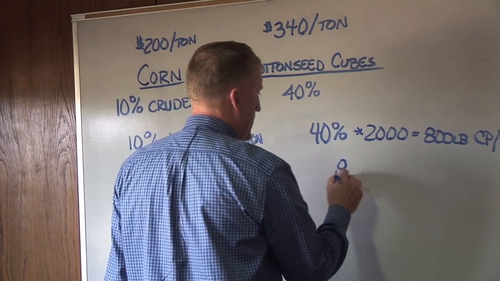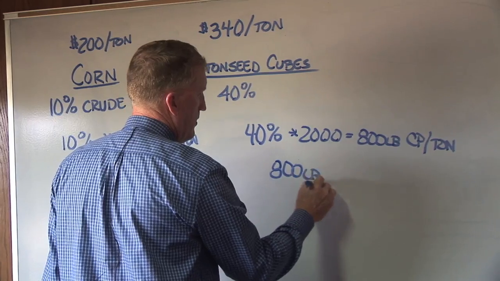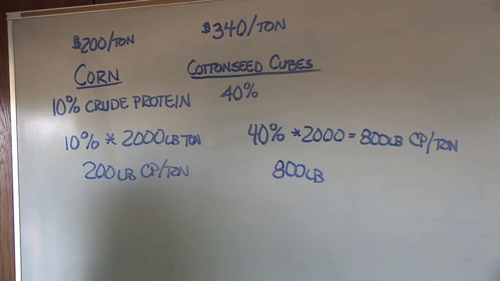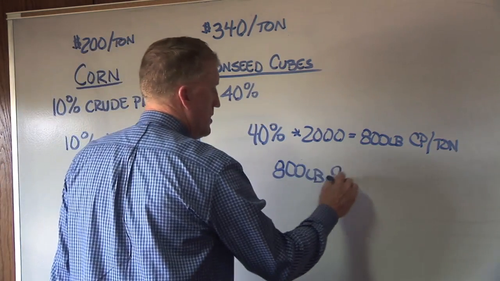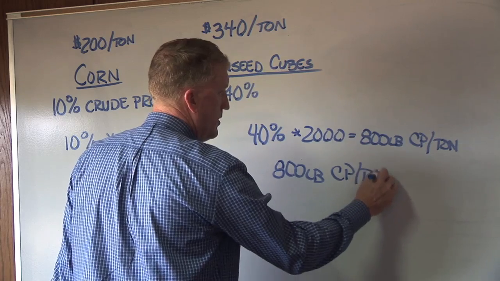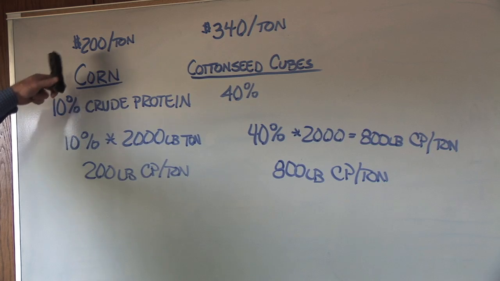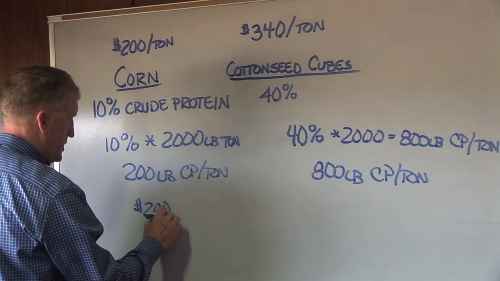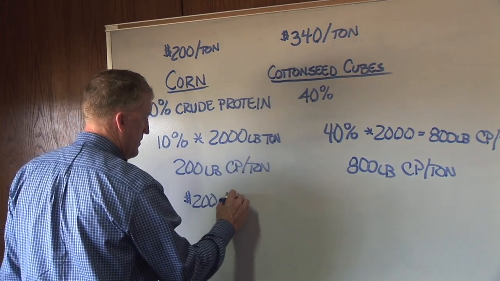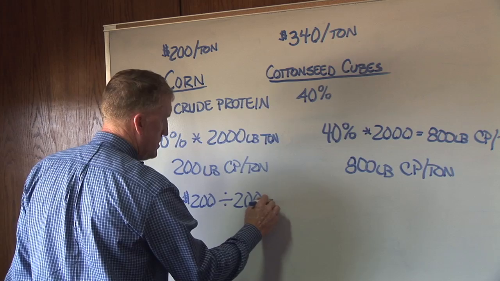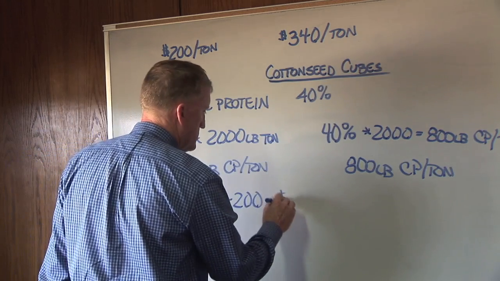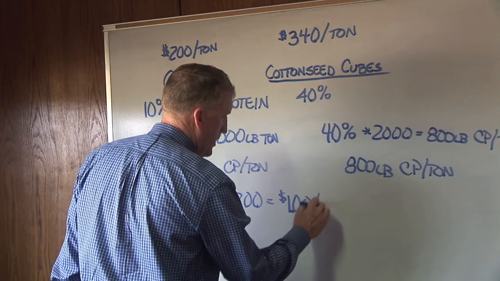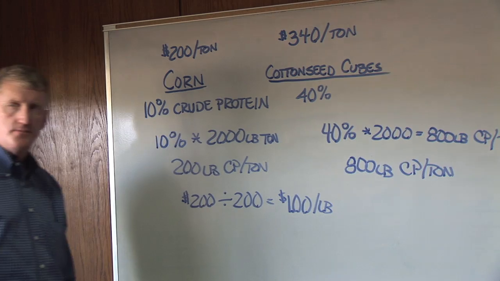Now we've got them on the same basis: 200 pounds of protein per ton of corn, 800 pounds of crude protein per ton of cottonseed cubes. So then we take the price. In this case, it's going to work out nicely. $200 per ton divided by the 200 pounds works out to, in this hypothetical example, essentially $1 per pound of crude protein.